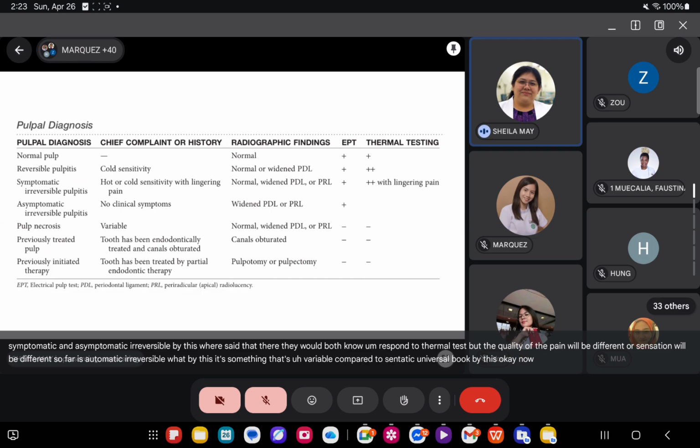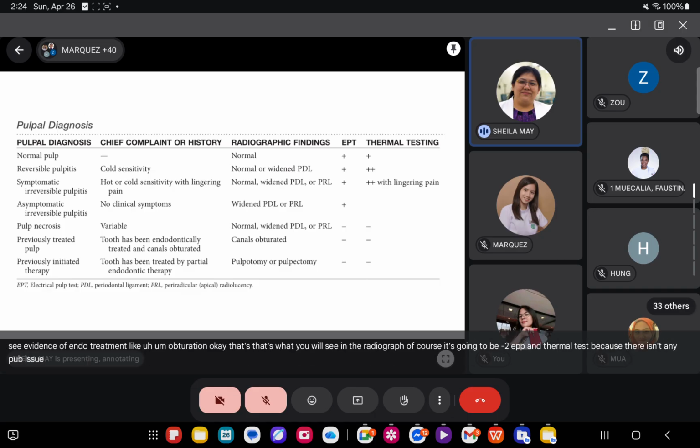Okay. Now, for previously treated pulp, you will see evidence of endo treatment, like obturation. Okay, that's what you will see in the radiograph. Of course, it's going to be negative to EPT and thermal test because there isn't any pulp tissue remaining. Okay? And then you have previously initiated therapy, meaning it wasn't finished, but it's a partial endotherapy.